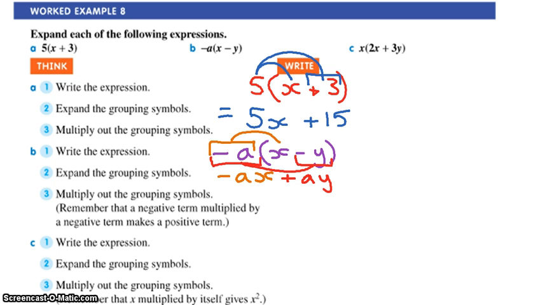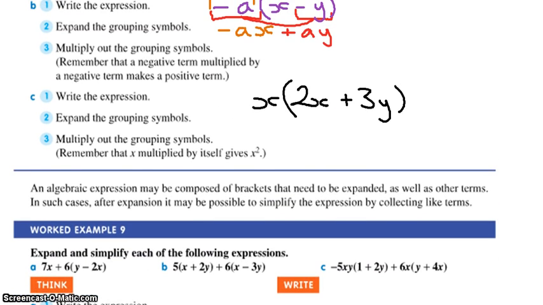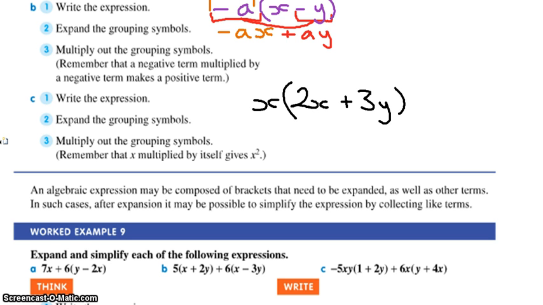Question C, we have x outside of 2x plus 3y. It may look a bit more complicated because you've got a couple of pronumerals, but it's actually not. The first thing is x times 2x.